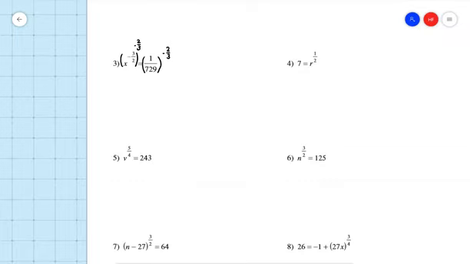So we'll take 1 over 729 and raise that to the power of negative 2/3. And so we get 81 as our answer. So x equals 81.